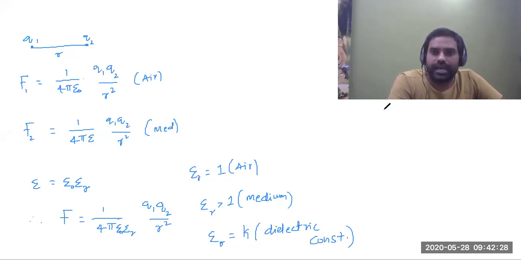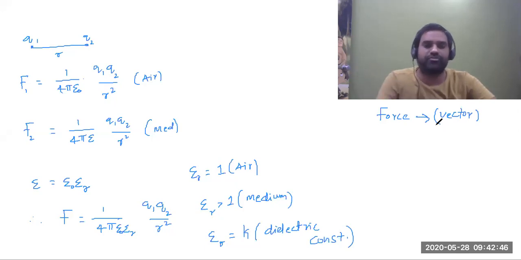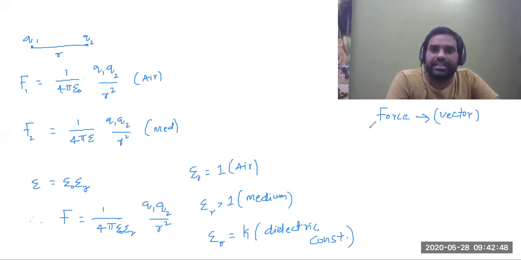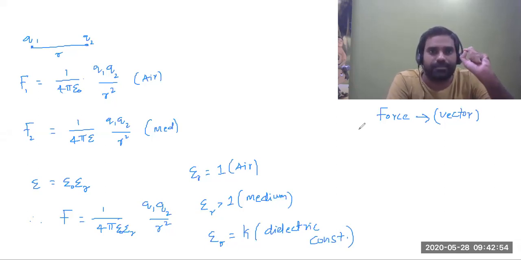Now see students, since force is a vector quantity, all the rules related to vectors can be applied as they are for calculating the net force. One more important observation for Coulomb's law is that it always appears between any two charges. I repeat, it always appears between any two charges.